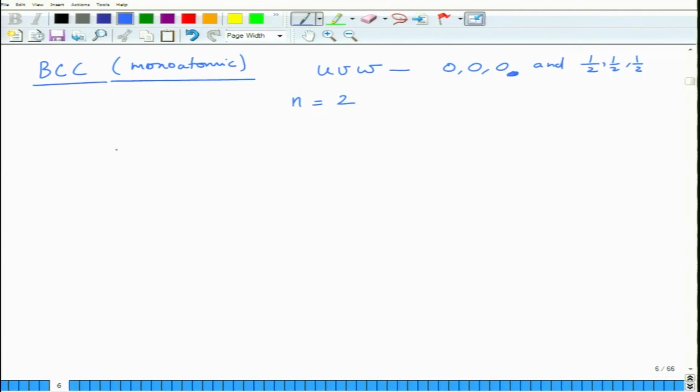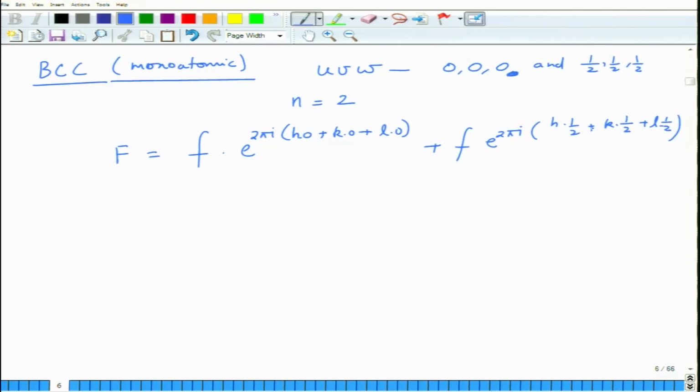If it is the same type of atom, then I can write capital F equal to f into the first term, e to the 2 pi i (h times 0 plus k times 0 plus l times 0), plus again f into e to the 2 pi i (h times half plus k times half plus l times half).